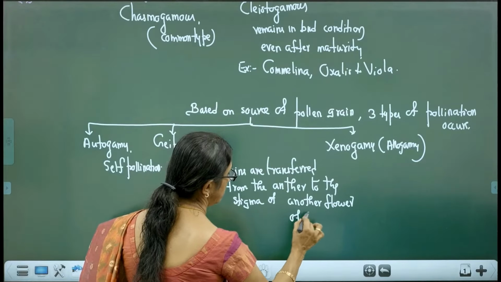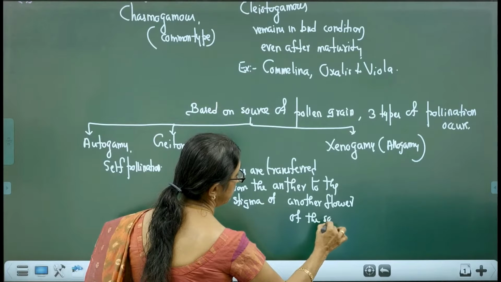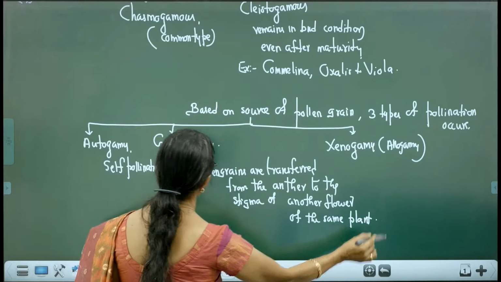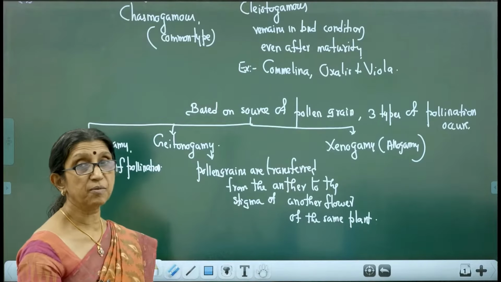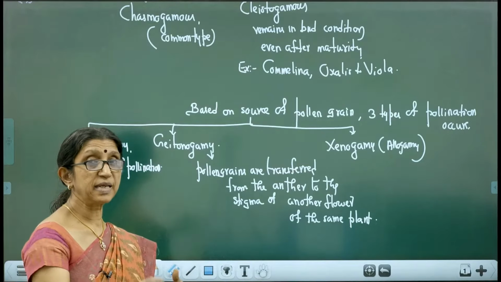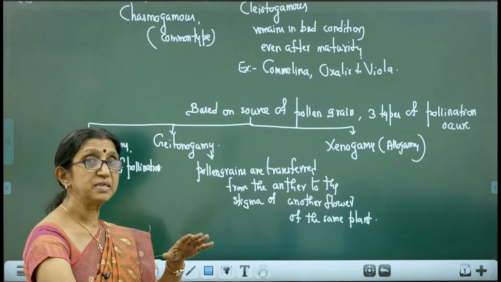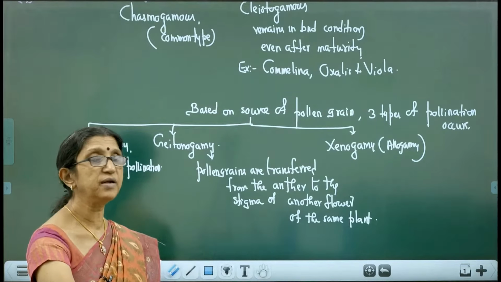That is geitonogamy. So actually it requires a pollinating agent, but genetically there is no difference.